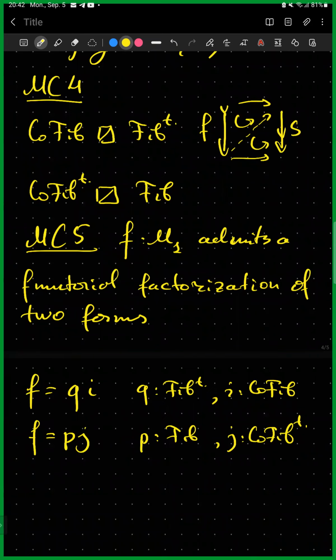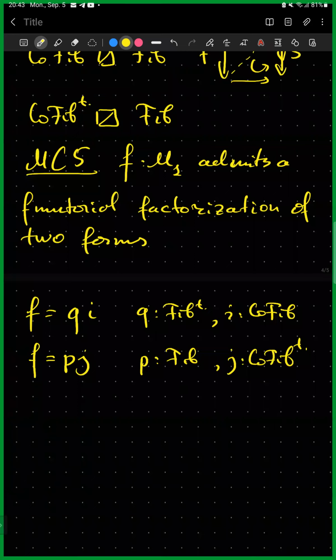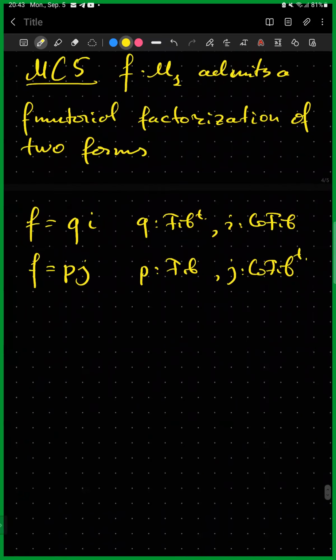Now I want to just sketch how a model structure can be constructed on each of the examples above, where we had this kind of relative category with equivalences. So let me sketch the model structure on topological spaces. It is customary to call this particular model structure the Quillen model structure, because he proved a certain theorem about equivalence of this model structure and a certain model structure on simplicial sets.